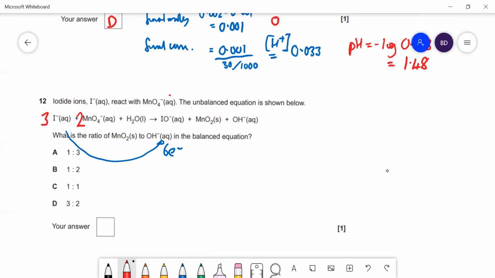And 3 iodides, only 2 manganese dioxides, and 1 water, and I will get 2 OH minus there. Okay, so that means the ratio of MnO2 to OH minus, well, it's 2 to 2, so it's 1 to 1. C is the answer there. Okay.